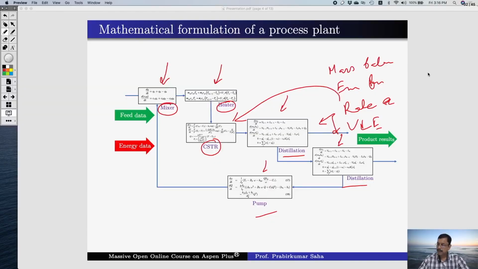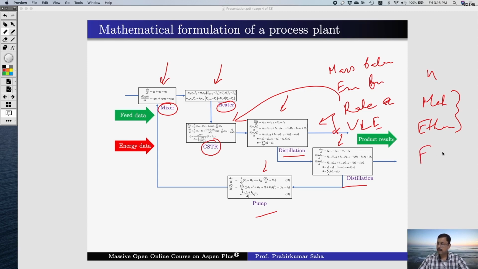What changes? The number of trays change in a distillation column. The components change. In one distillation column you may work with methanol, in another you can work with ethanol, and so on. So based on the component that you use, your property database will change.